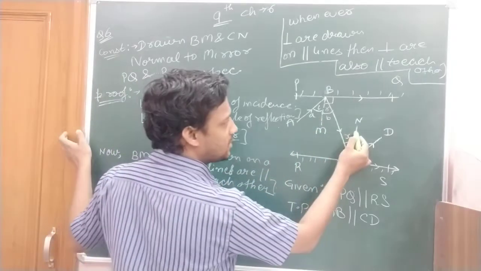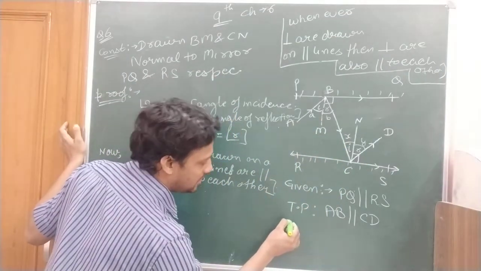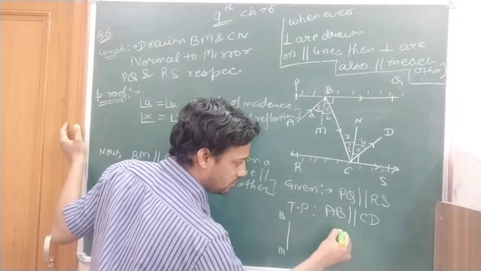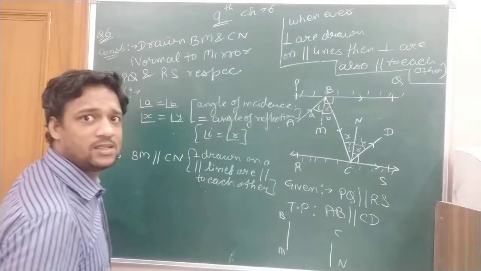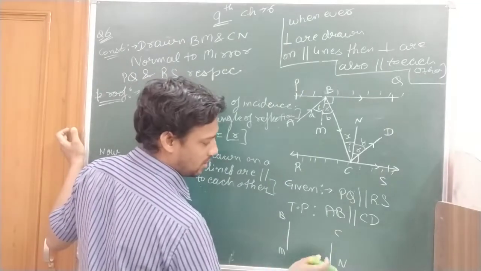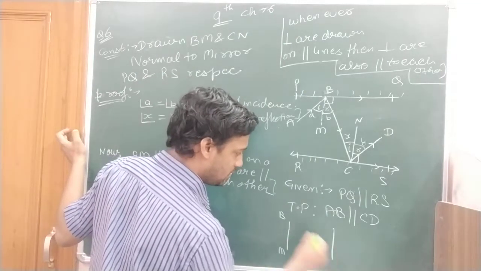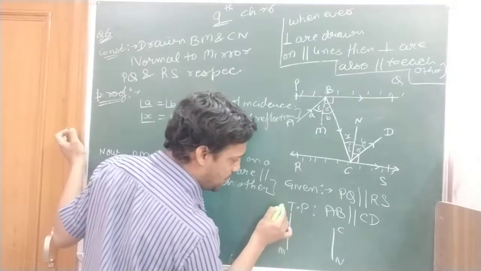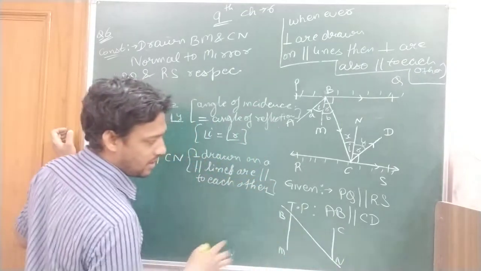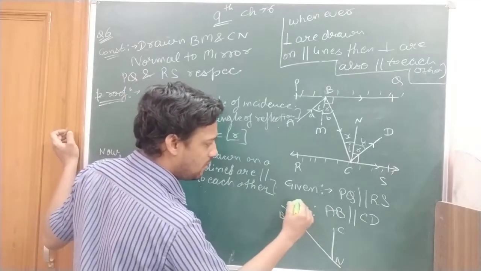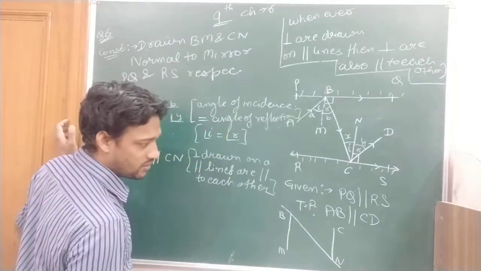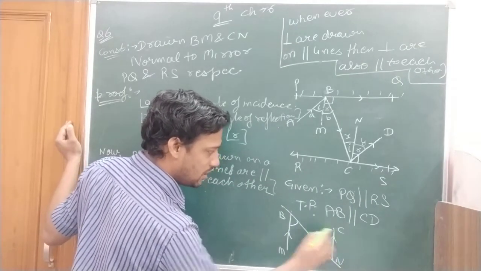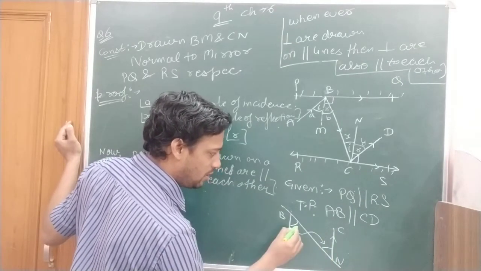If BN and CN are parallel to each other, and BN works as a transversal, then this angle and this angle are alternate to each other.